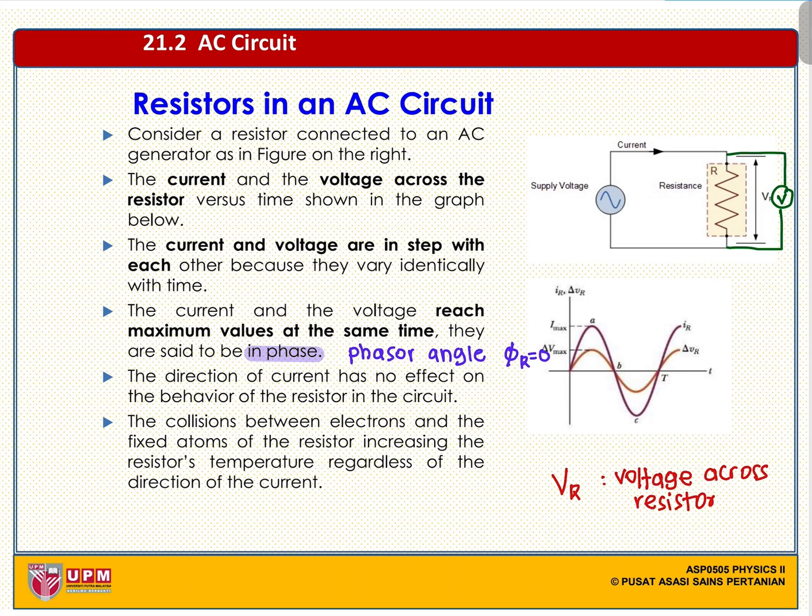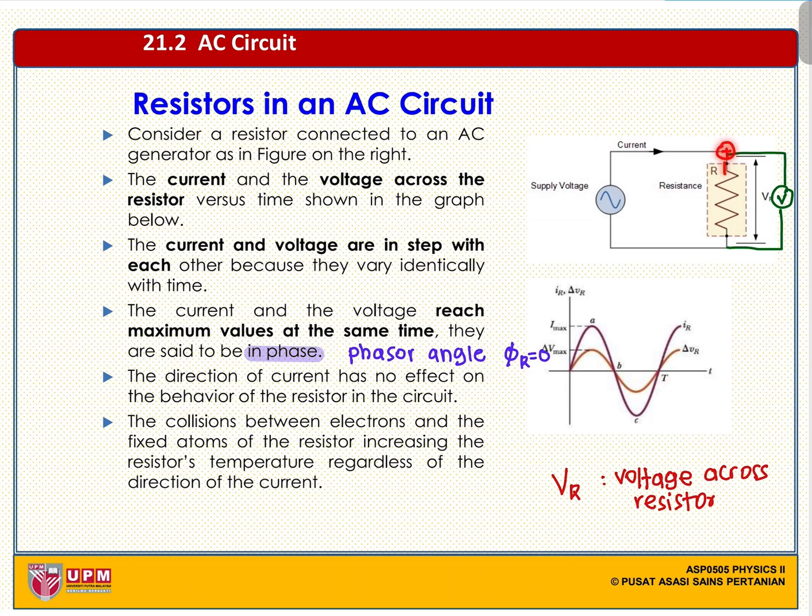Okay. The direction of current ni sama ada current you clockwise, macam tu, ataupun your current is counterclockwise, dia tak ada effect pada behavior of resistor. Still juga current tu, you akan ada positive charge kan.